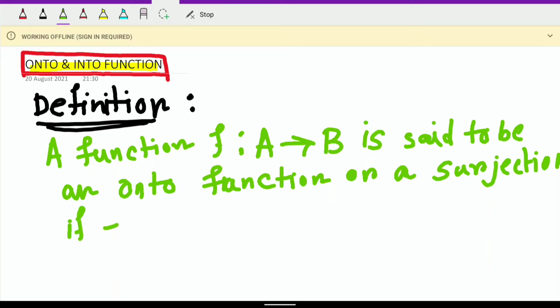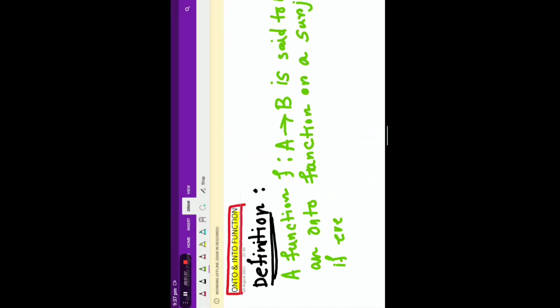What is the condition for being an onto function?